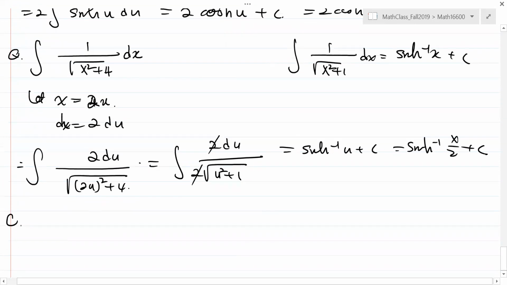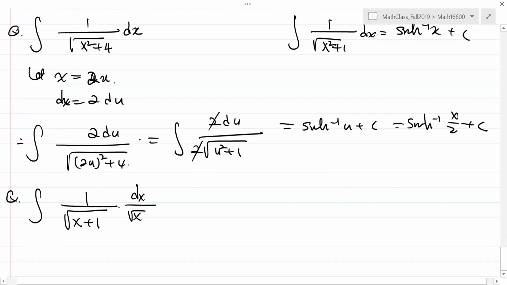Okay, slightly different problem. It's the integral of square root of x plus 1 and square root of x dx. Sometimes it's written in the form like x squared plus x dx.